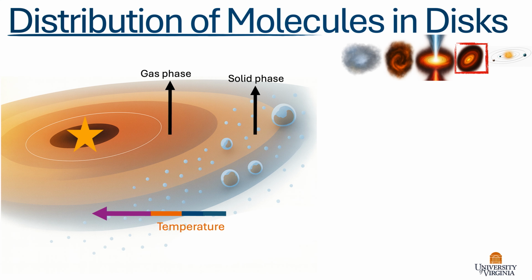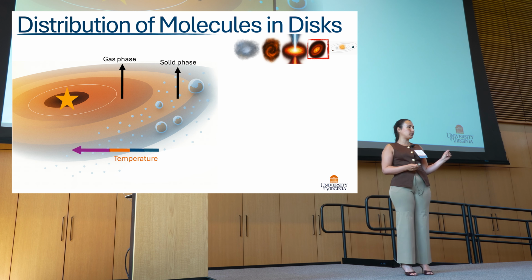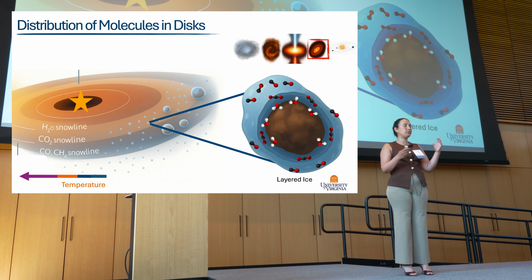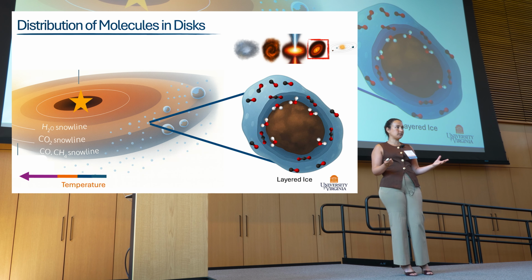So here is our disk, where we have the star in the middle, and the star sets a temperature gradient across the disk, where we expect molecules to be frozen out, or in a solid form, further away from the star. And then if those ices get closer to the star, they will desorb or sublimate and be in a gas phase. And these sublimation temperatures are specific to each molecule and will be defined by what we call snow lines.